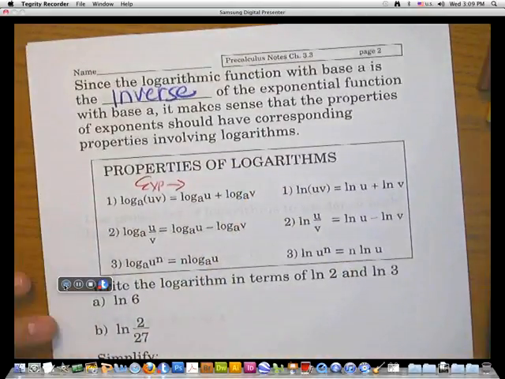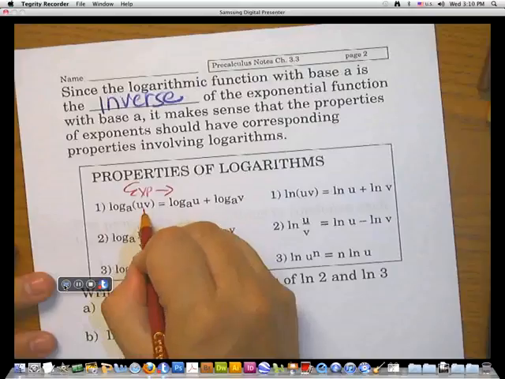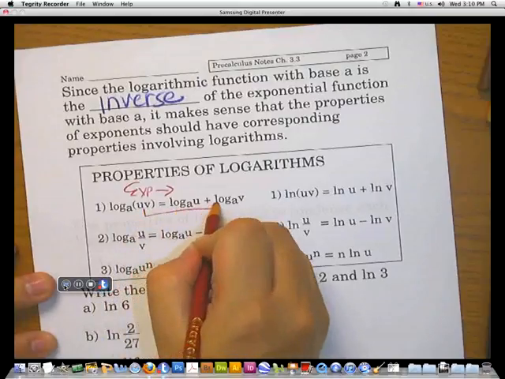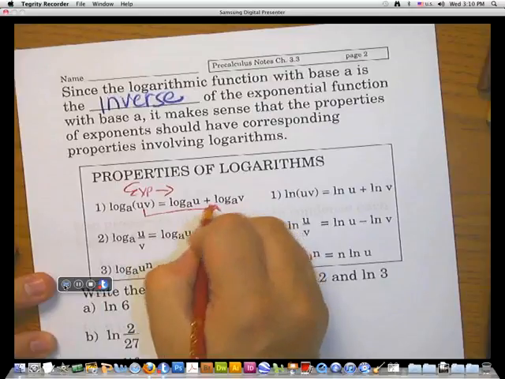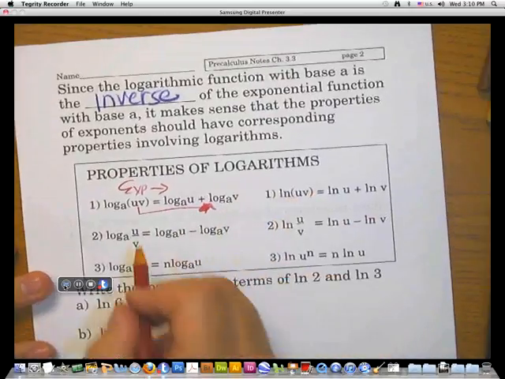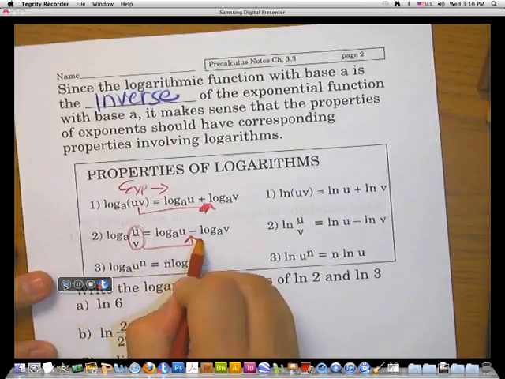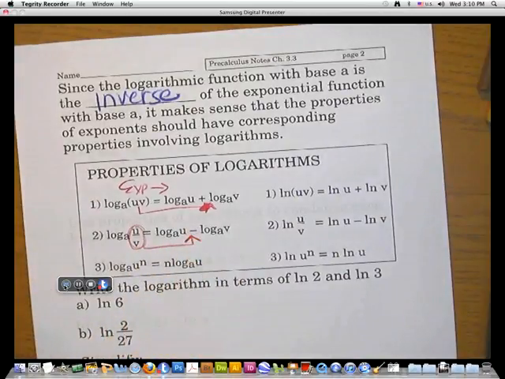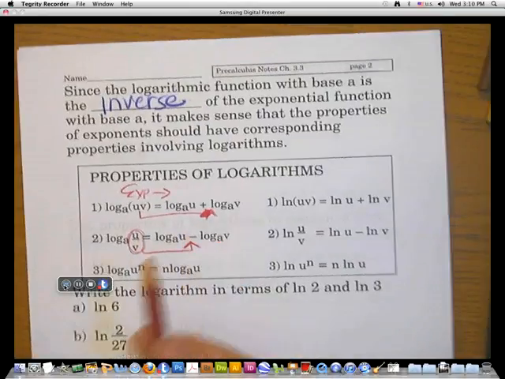It doesn't matter if that's log or ln. It makes zero difference. If I have something that's multiplied, I can expand it by putting addition between them. If I have something that is divided, I can expand them by subtracting. And you do it in the order you read it.